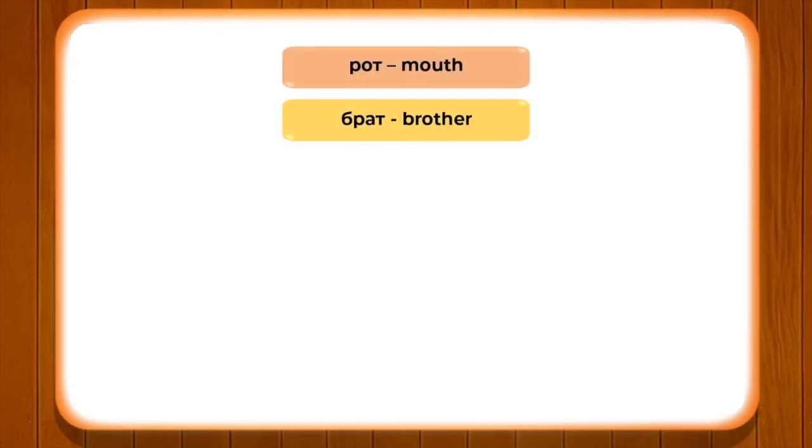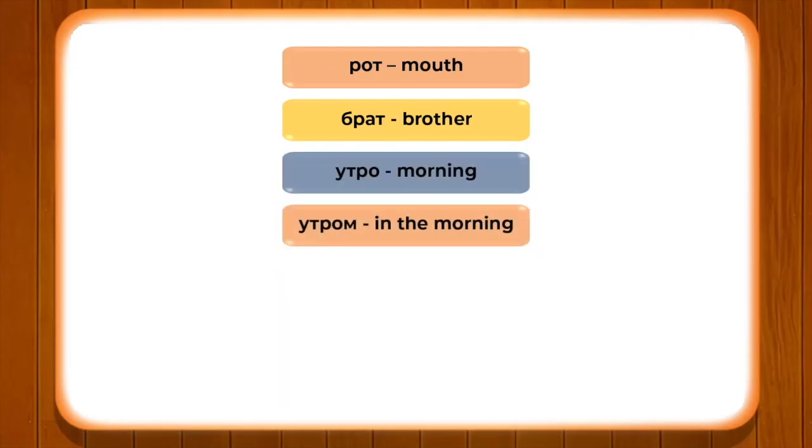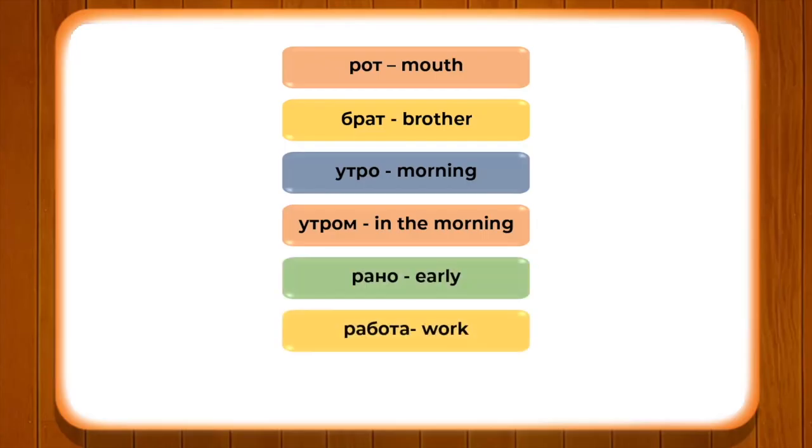So, let us repeat these words again and understand their meaning one by one. Rot means mouth, brat means brother, utra means morning, utram means in the morning, rana means early, rabota means work, and baraban means drum.